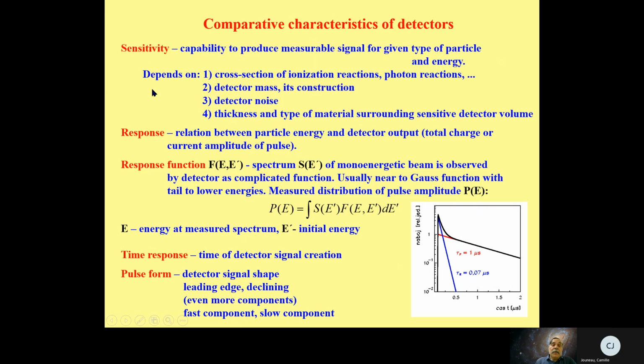This sensitivity depends on the cross-section of ionization reactions, and in the case of gammas also on photon reactions. That means it depends on the cross-section of the photo effect, of Compton scattering, and of pair production. If these cross-sections are higher, the sensitivity will be higher.